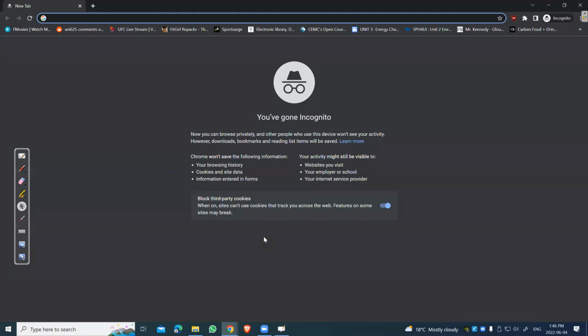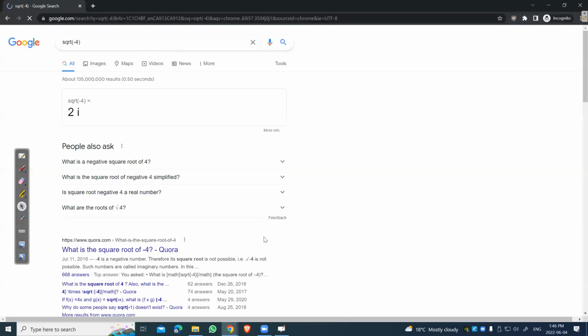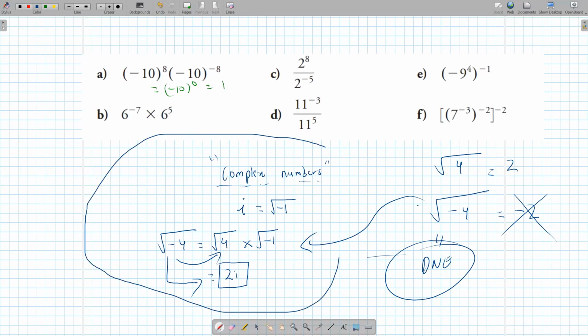Let me see if Google can help us. Boom, there you go. Square root of -4 is 2i. See that? Kind of interesting, right? And you don't have to worry about any of this junk anytime soon, but it does exist. Okay? You'll probably see a lot of this if you take a math-focused course or program in university down the line.